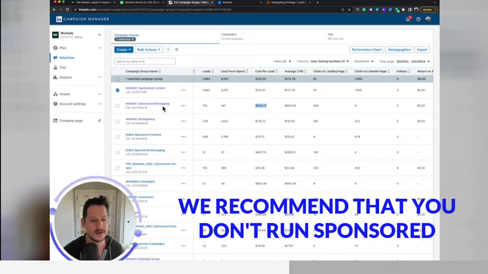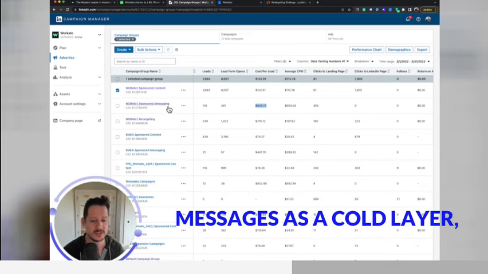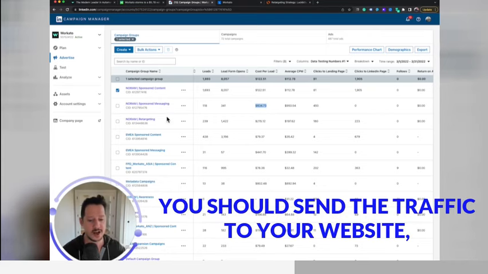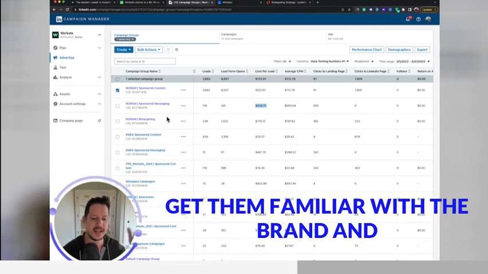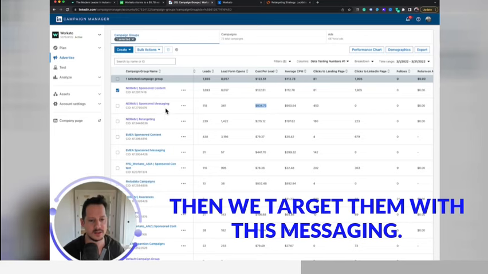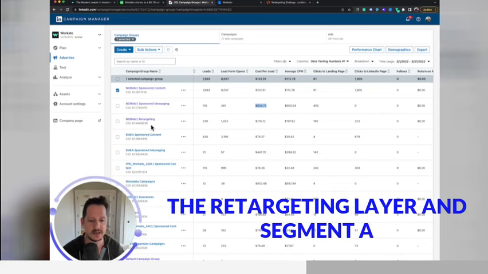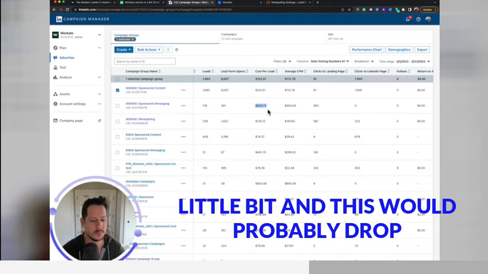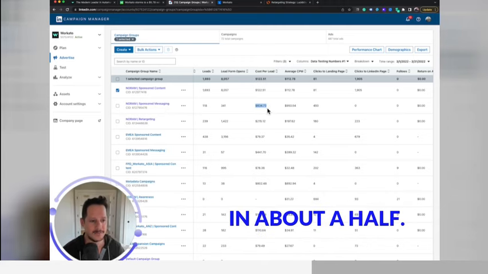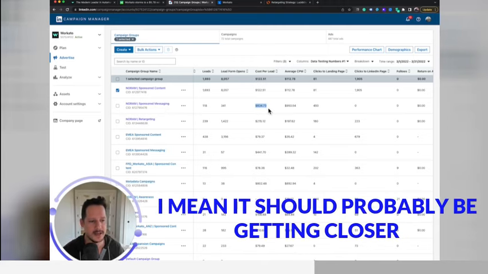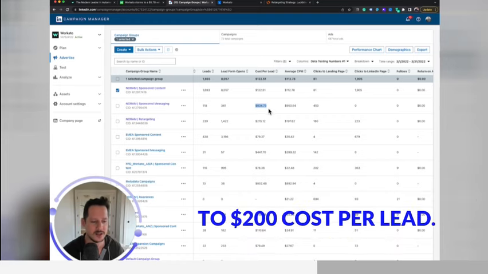We recommend that you don't run sponsored messages as a cold layer. You should send the traffic to your website, get them familiar with the brand, and then retarget them with this messaging. So honestly, you could move this into the retargeting layer and segment a little bit, and this would probably drop the cost in about a half. It should probably be getting closer to $200 cost per lead.